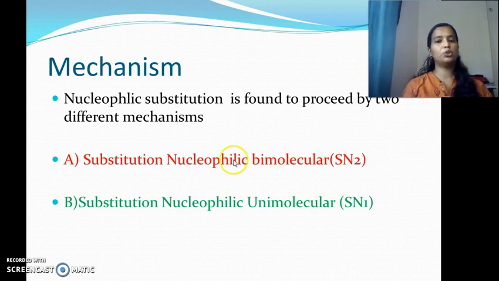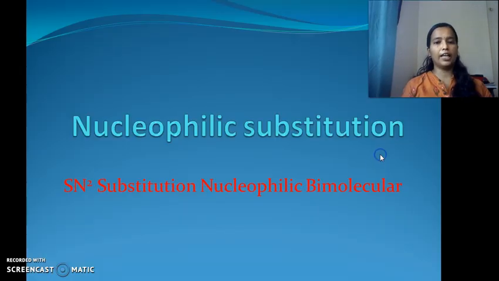One is substitution nucleophilic bimolecular, SN2, and the other is substitution nucleophilic unimolecular, also called SN1. In this video, we'll explain the first one, that is the substitution nucleophilic bimolecular or SN2 mechanism.